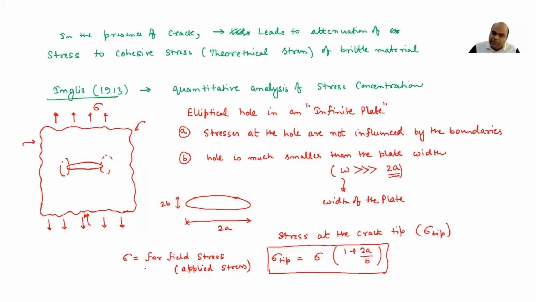So overall, at the crack tip, the value of sigma tip is going to be higher than the applied stress. So just now we learned the qualitative way. Now Inglis gave a quantitative approach to the whole concept of stress concentration and proposed a formula for sigma tip, or stress at the crack tip.